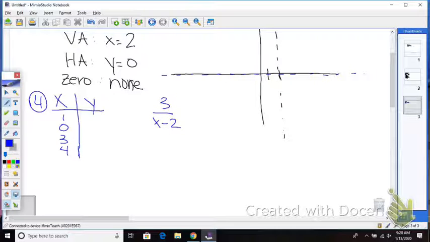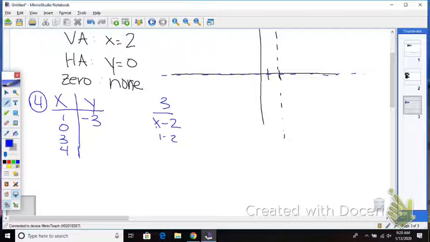I'm not plotting exactly. I'm just trying to see what the shape of the graph is going to be by looking at these points. So here, when I plug 1 in for my x value, I get 3 over 1 minus 2. 1 minus 2 is -1, so I have 3 over -1, which is -3.